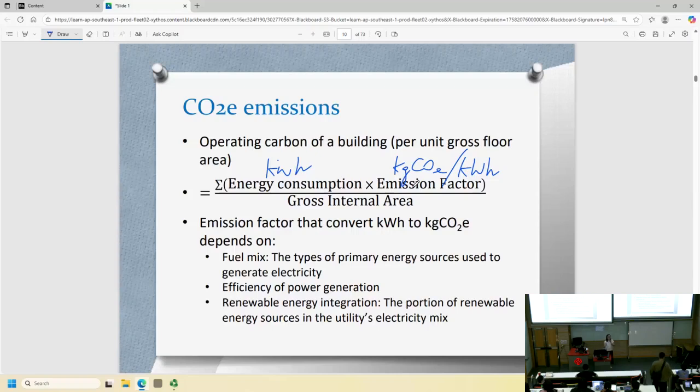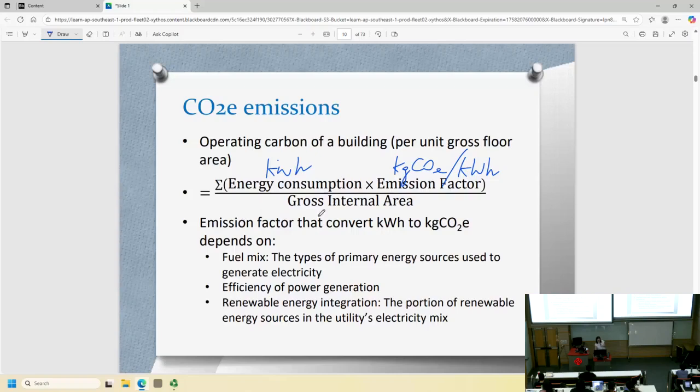But if you live on Hong Kong Island, then the provider of electricity will be Hong Kong Electric, so you should go to the website of Hong Kong Electric and check its emission factor. So this emission factor will depend on the region, whether it is Hong Kong or UK or China, and also depends on the location of the building. Like in Hong Kong, we have 2 providers of electricity.